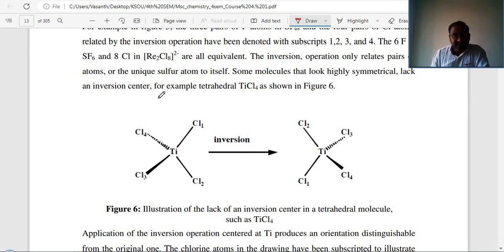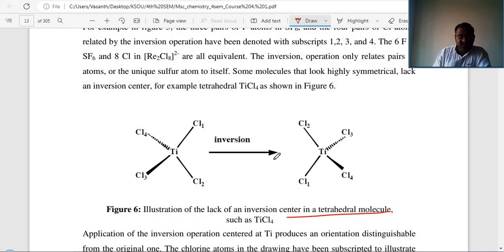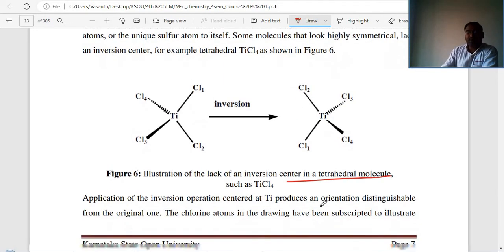First we consider the inversion center of tetrahedral molecules like titanium tetrachloride. Here, what happens? On inversion, it changes its position. The titanium tetrachloride produces an orientation distinguishable from the original one.